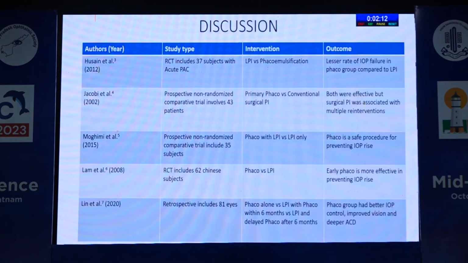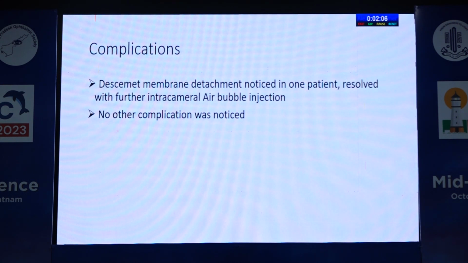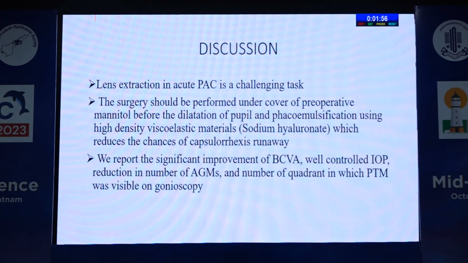So these are the literature; there are mostly few studies in the literature. We noticed one Descemet membrane detachment in one patient that was resolved with a further intracameral air bubble injection. No other significant complication was noticed. So lens extraction in acute PAC is a challenging task.